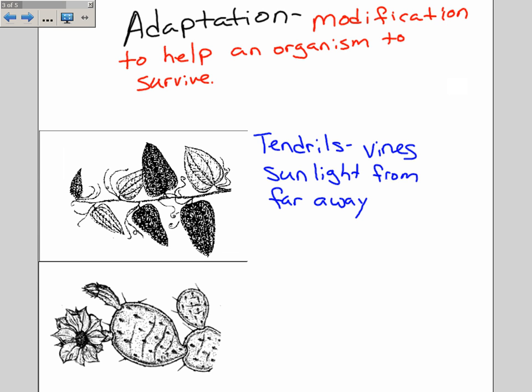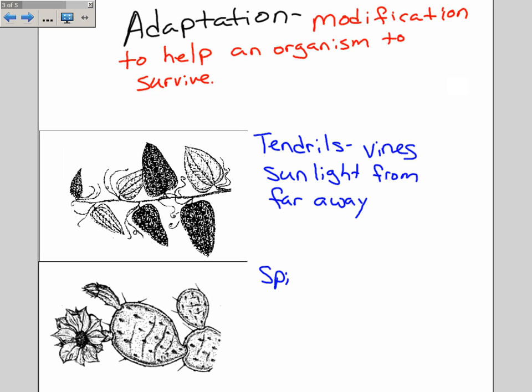Right? This next one down here at the bottom, I'm sure most of you are familiar with. It's the spines. Now, the spines are used to help protect the plant from animals that would try and eat it. So, like a cactus. Cactus have spines.